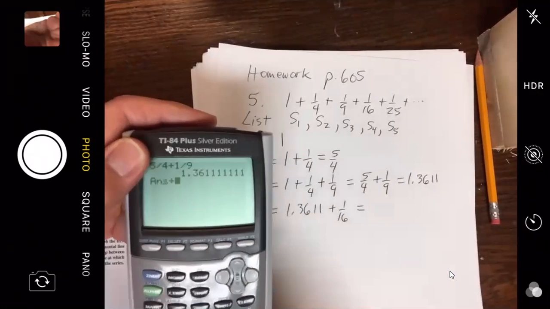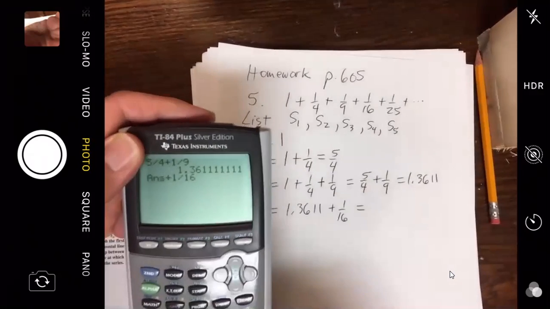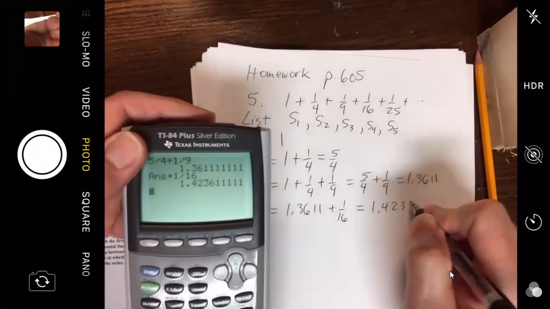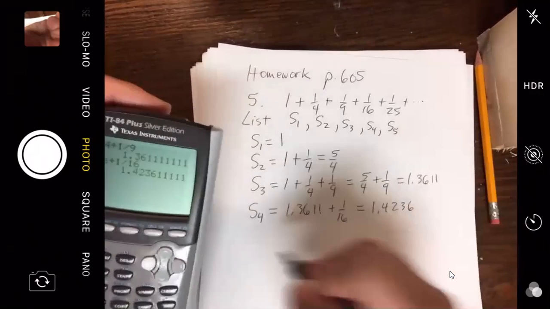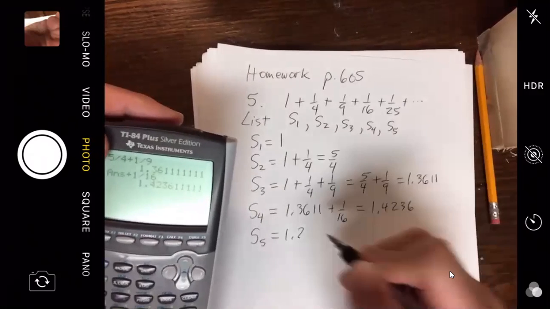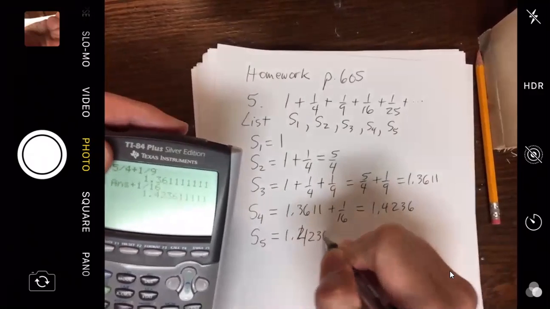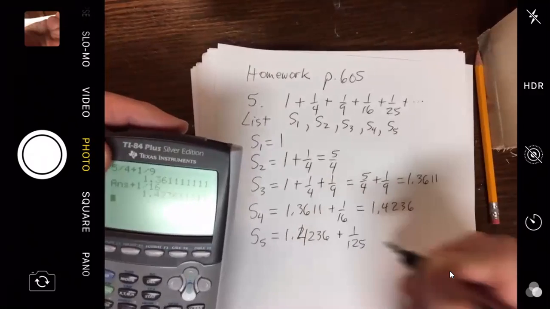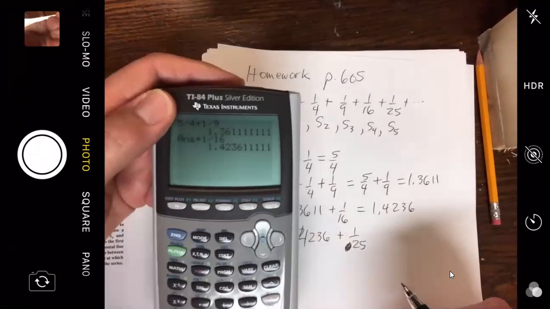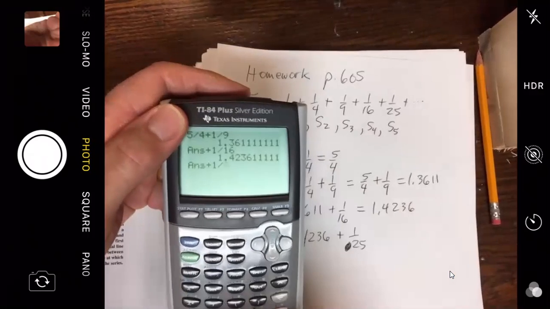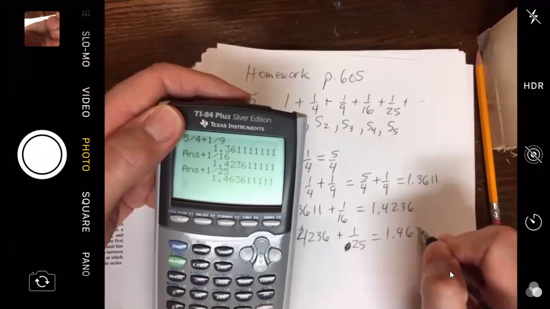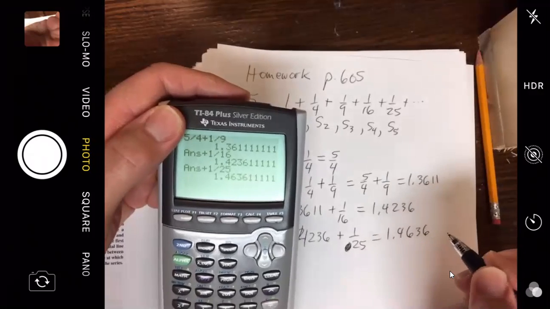So I add on 1 divided by 16, and get 1.4236. And finally, for the 5th one, you start with that, because that's the sum of the first 4, and add on 1 over 25. I just add on 1 divided by 25, and get 1.4636. That's really all there is to it.